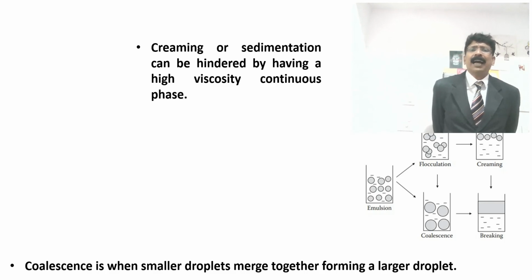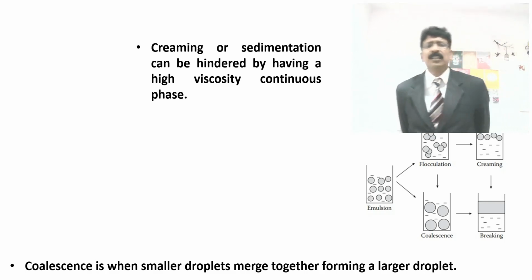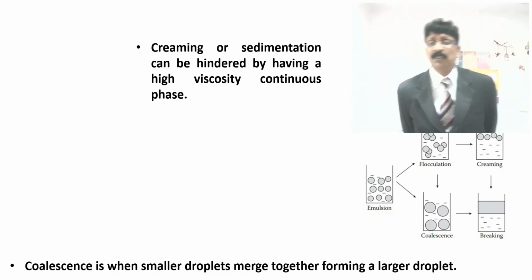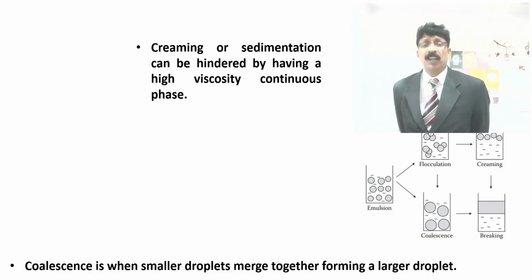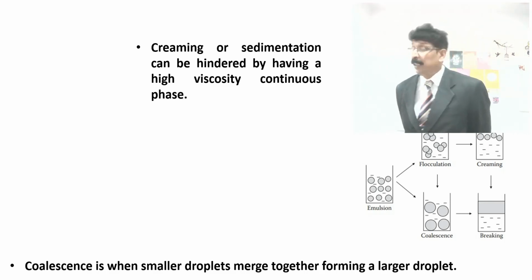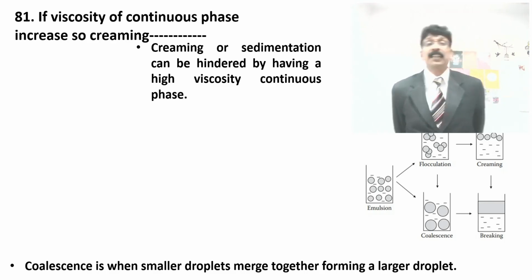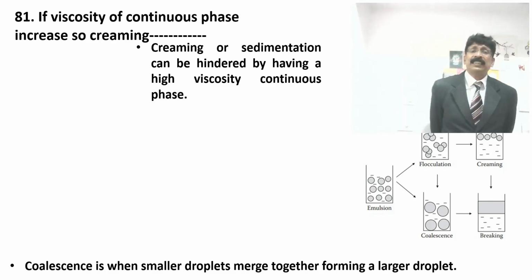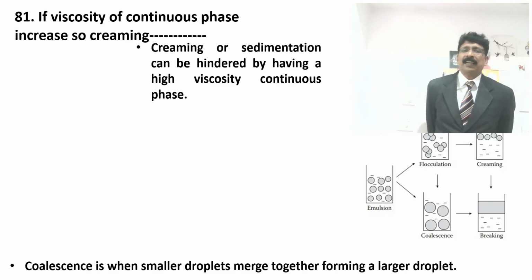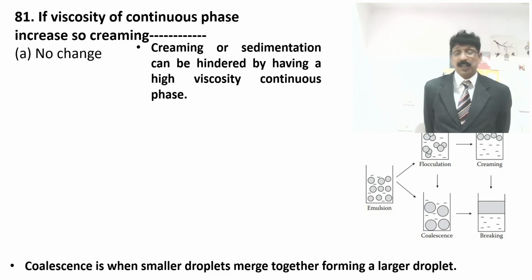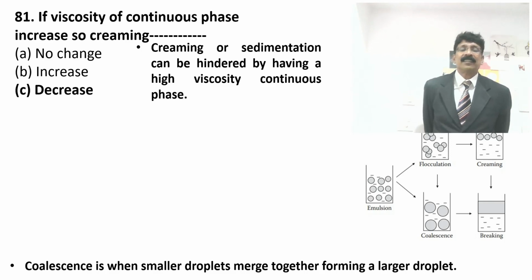Creaming or sedimentation can be hindered by having a high viscosity continuous phase. Coalescence is when smaller droplets merge together forming larger droplets, which we have seen in the picture. If the viscosity of the continuous phase increases, what happens to creaming? The options are no change, increases, decreases.